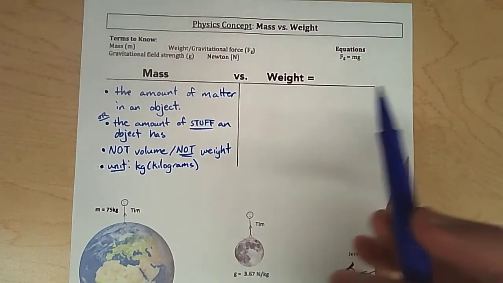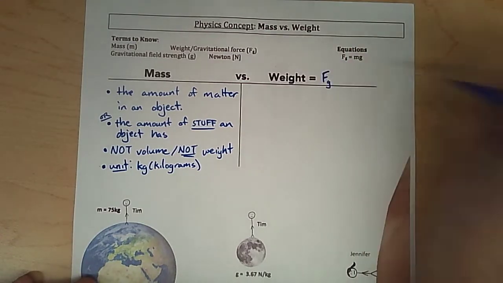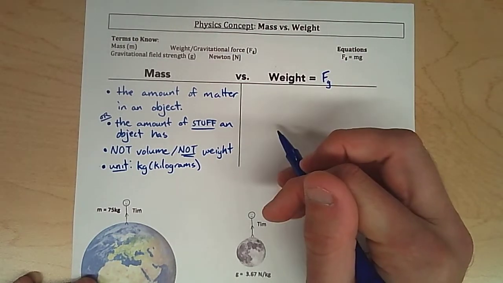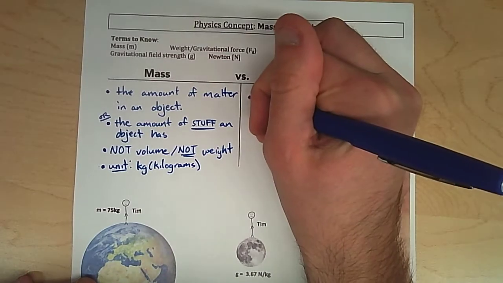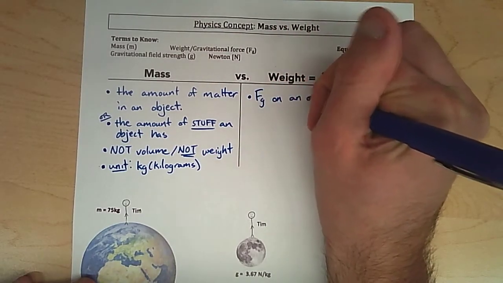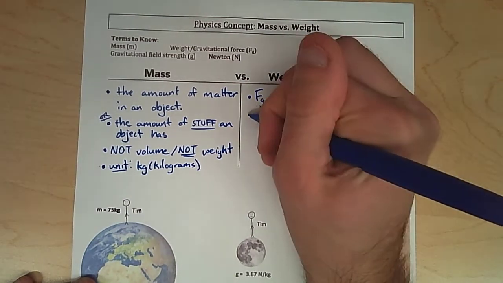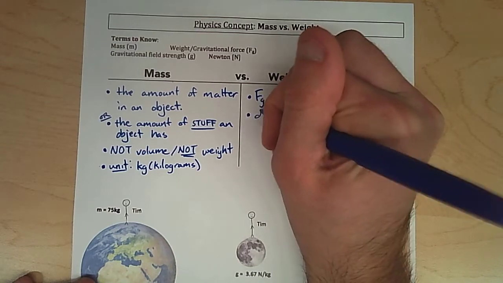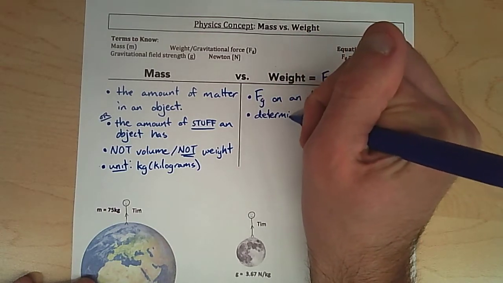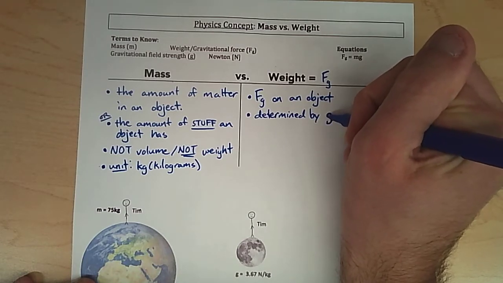How is that different than weight? Weight is the same exact thing as the force of gravity. Force of gravity, weight, same thing. So the force of gravity on an object is determined by this variable called g.